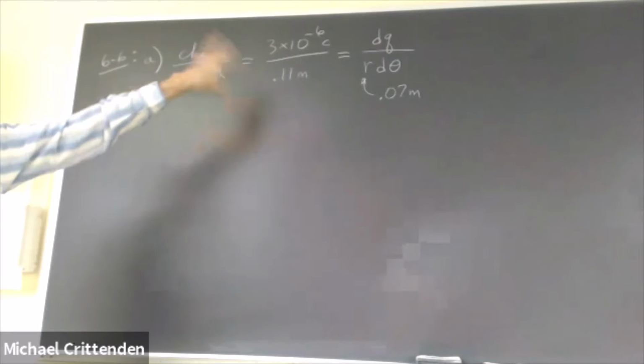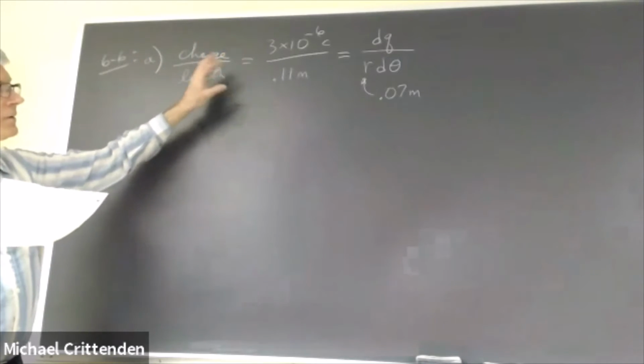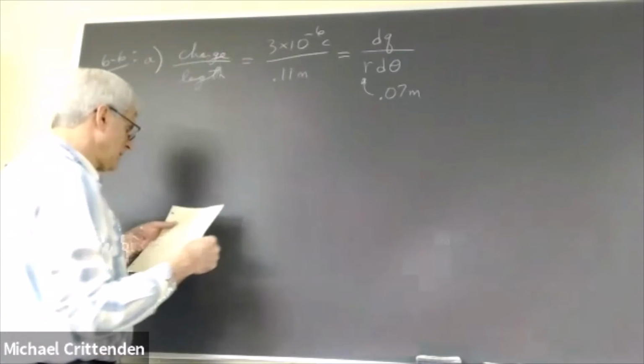So you multiply both sides by r d theta and multiply and divide the numbers.